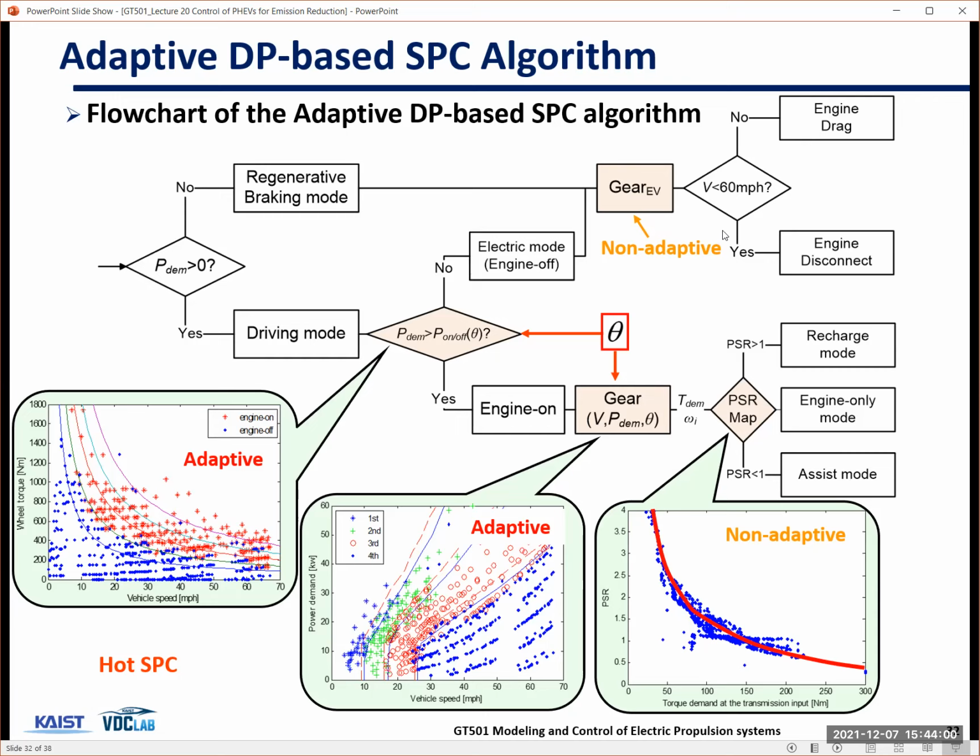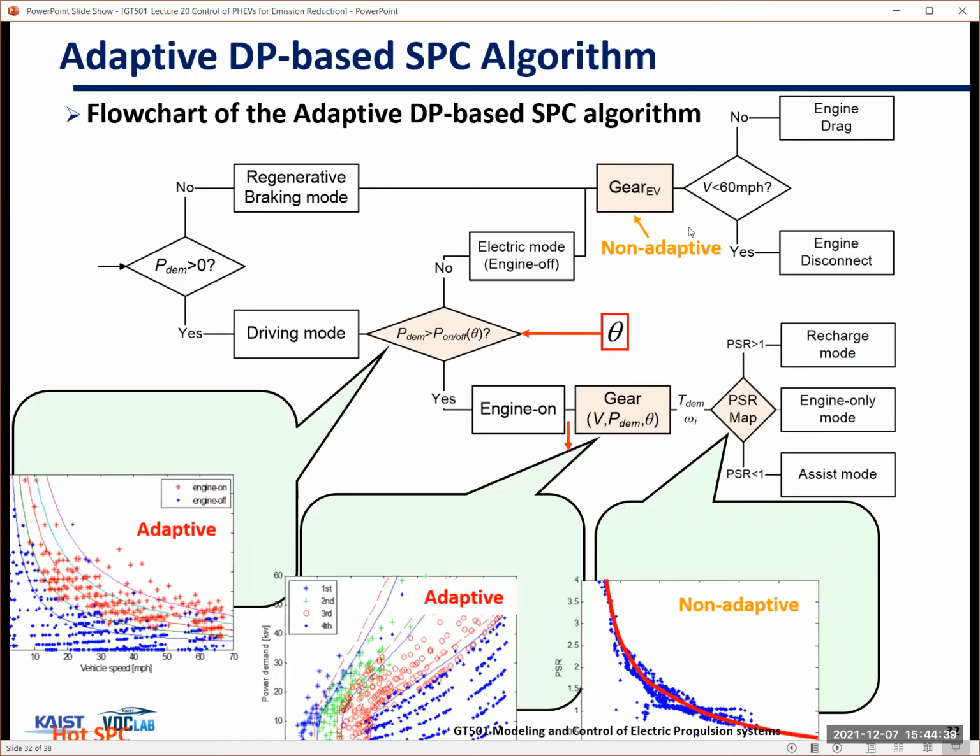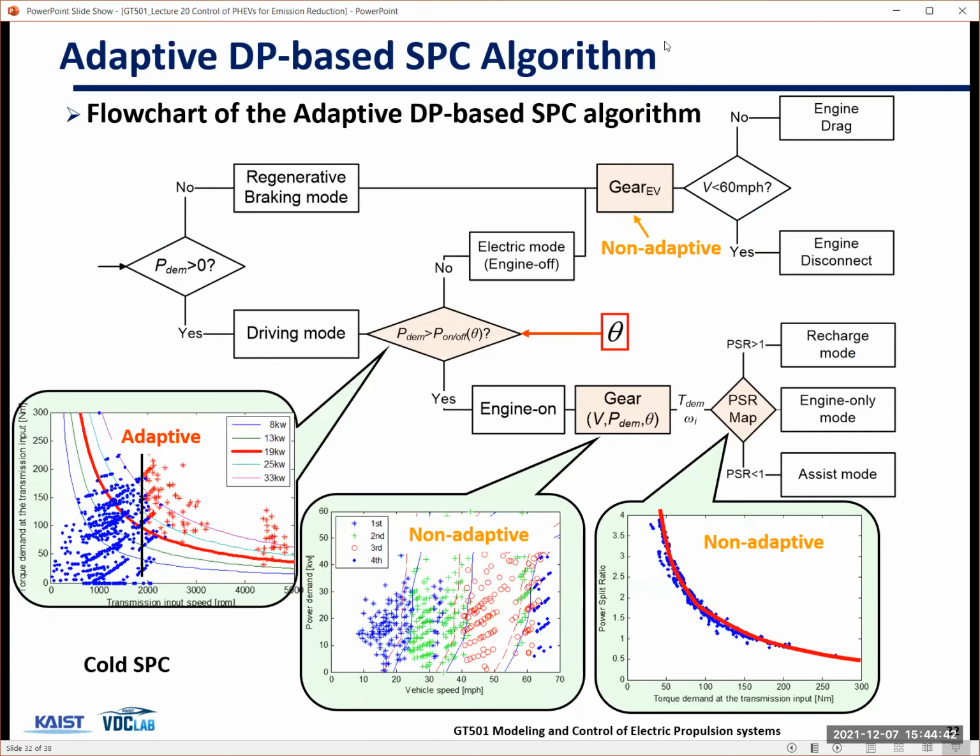Yeah, this slide shows the cold start strategy. Okay. The key is the engine stop start. So this is quite different from hot strategy. Okay. The time is up for today, so I'll have to wrap up here.